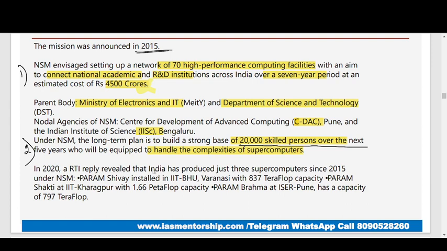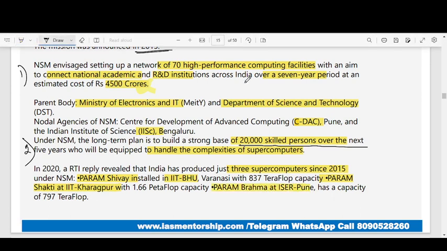In 2020, an RTI reply revealed that India has produced just 3 supercomputers since 2015 under the NSM. That is Param Shivai, which is in IIT BHU, and Param Shakti, which is in IIT Kharagpur, and Param Brahma, which is at IISER Pune. What it is saying?